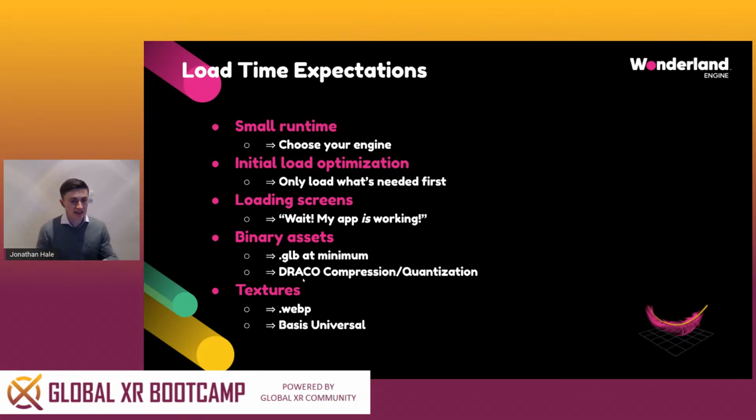Binary assets like GLB might, for example, be faster than other formats like glTF because they're smaller, but they're also actually faster to load for the JavaScript or WebAssembly runtime that you use. You might, for example, see if you open a glTF file that it's all JSON.